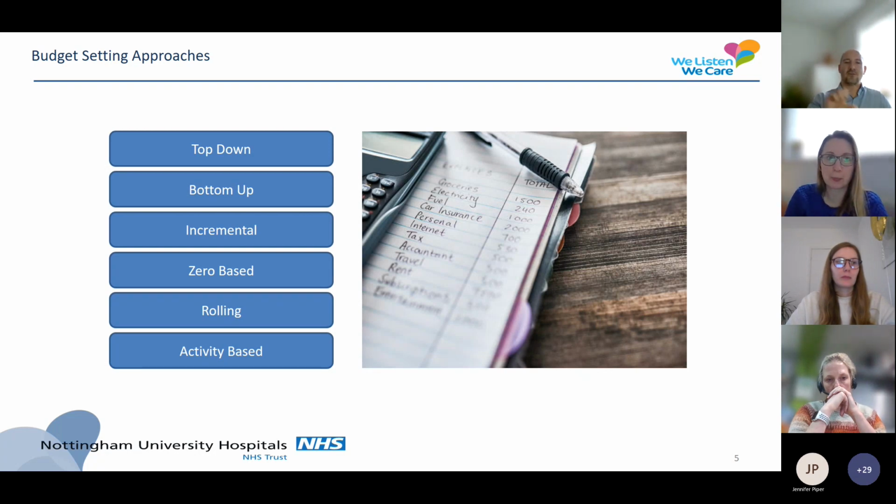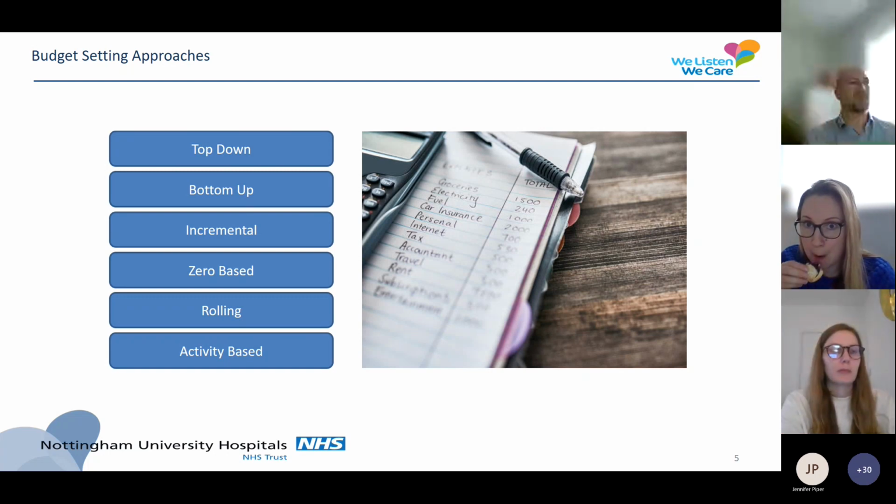You would then build in the budget at the mid-year point and then the additional activity into your plans as you go. So it's a better way to keep the budget slightly more up to date than the incremental method, but it can be, again, time consuming and doesn't give you sort of a steady state to then review against.